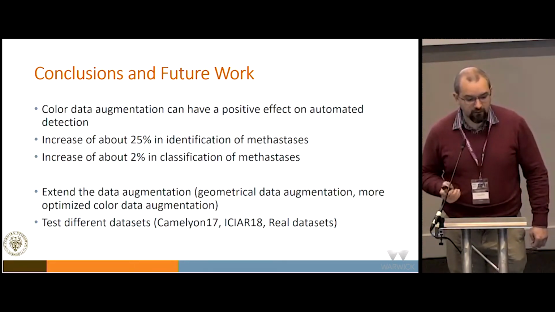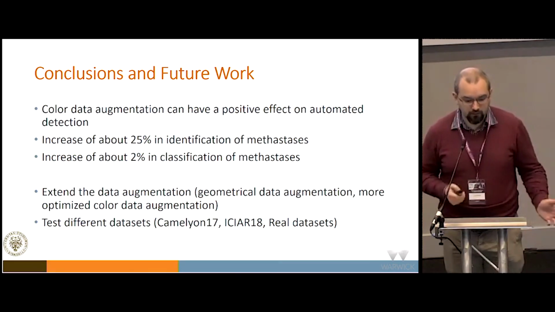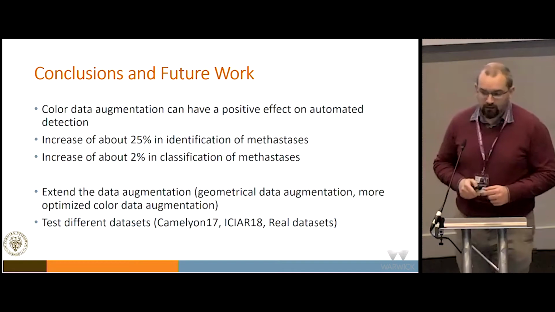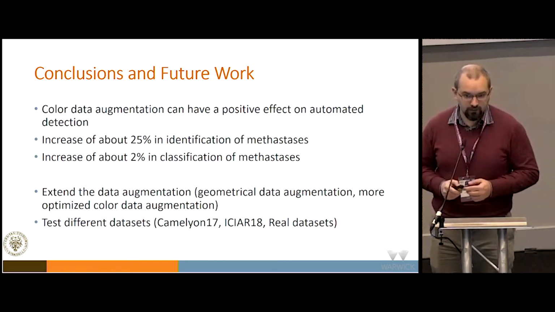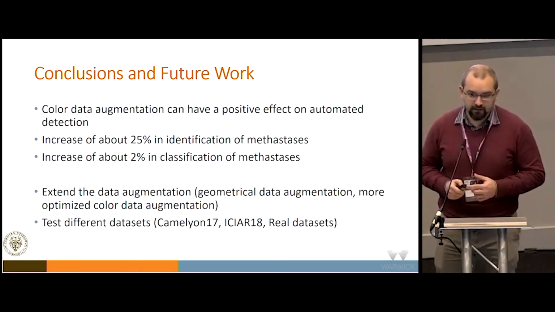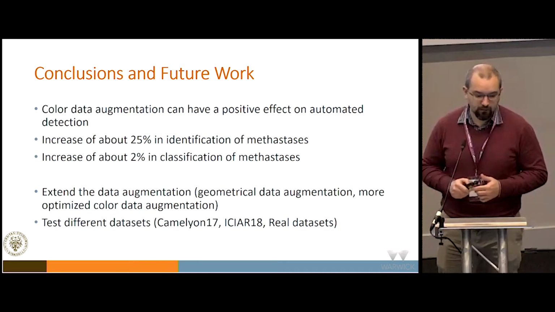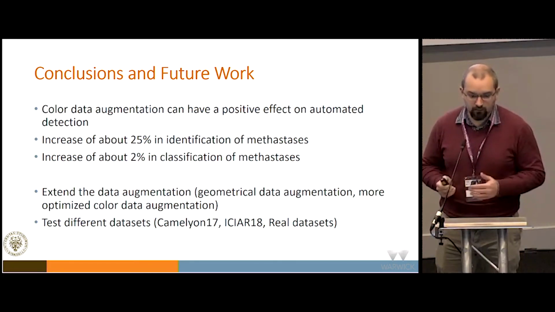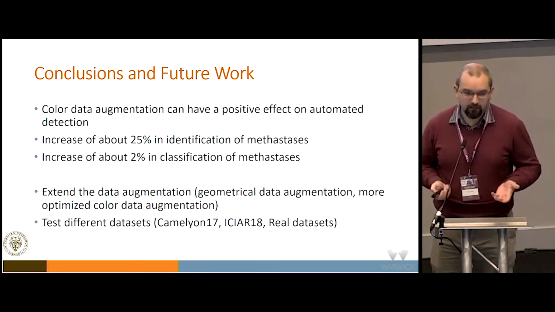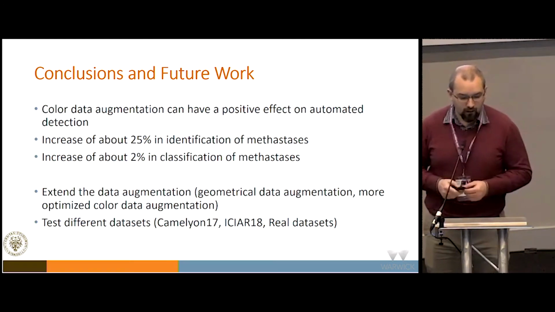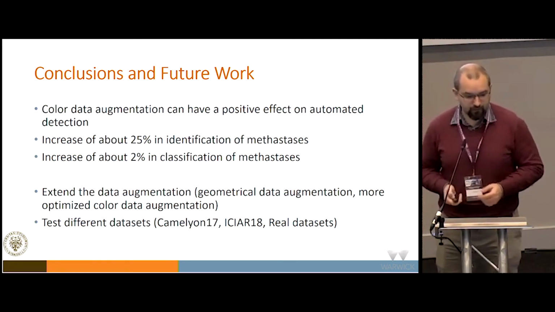Our future steps will be to extend this data augmentation, considering a better optimization for the color data augmentation, introducing geometrical data augmentation, and testing them on different data sets, including other challenges like Camelyon17 or HR 18. The main objective is to test this on real data sets and see how well it works.